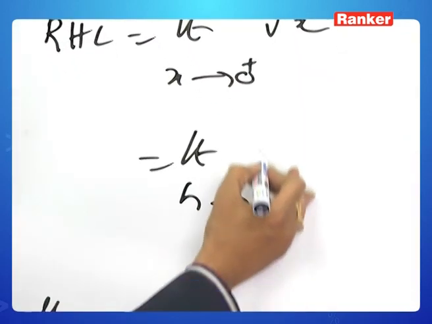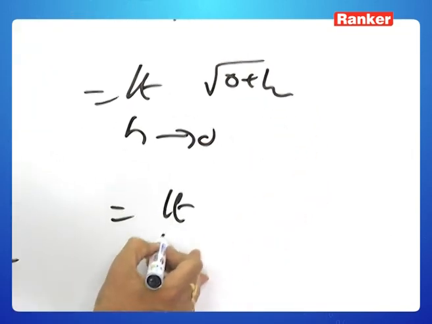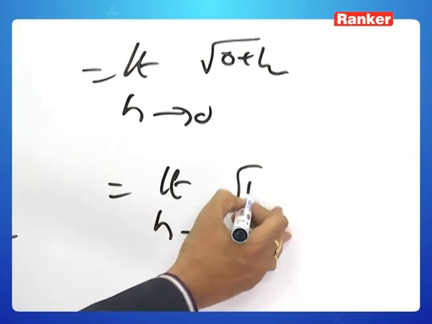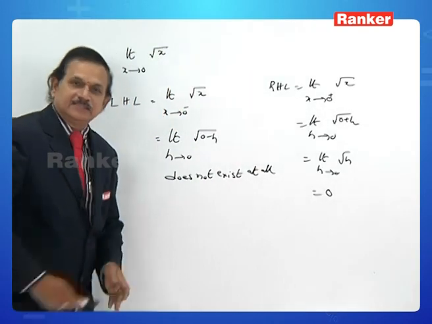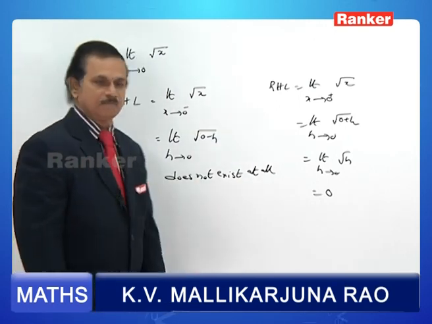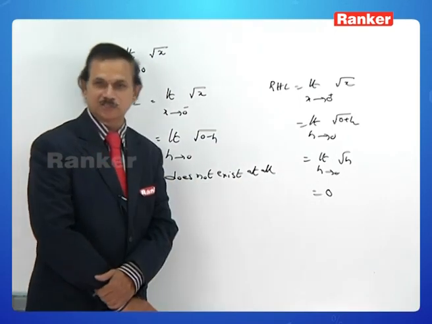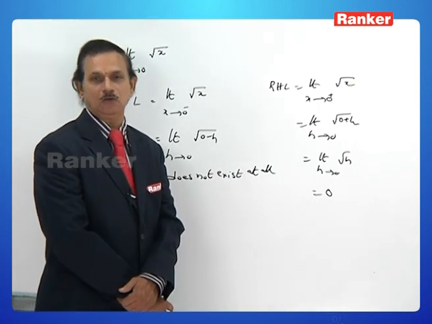Limit as h tends to 0 of root of 0 plus h, which is nothing but root h, is 0. Observe the case here. For this function, the right hand limit exists, the left hand limit does not exist. Therefore, this limit does not exist at all.